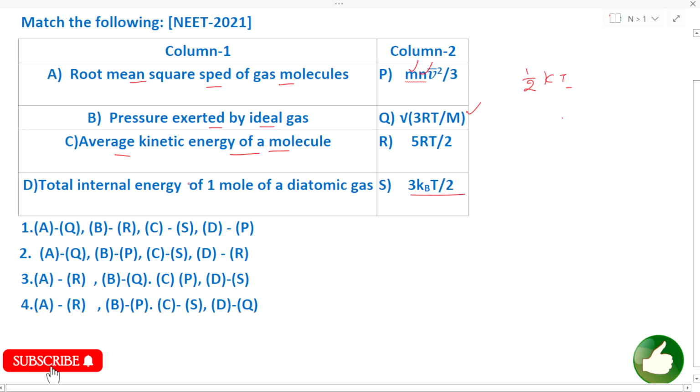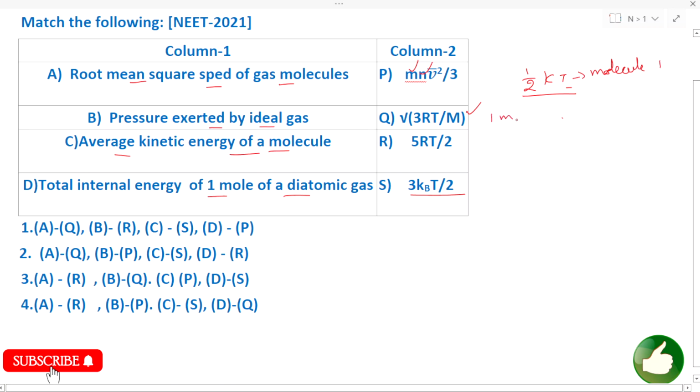Next, the total internal energy of 1 mole of diatomic gas. We know that the total energy per molecule for 1 degree of freedom is 1 by 2 kT. This is for one molecule.